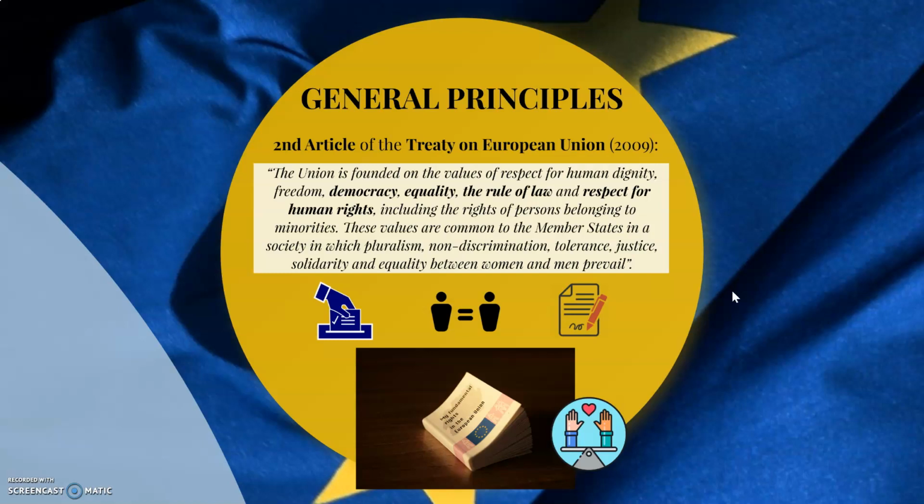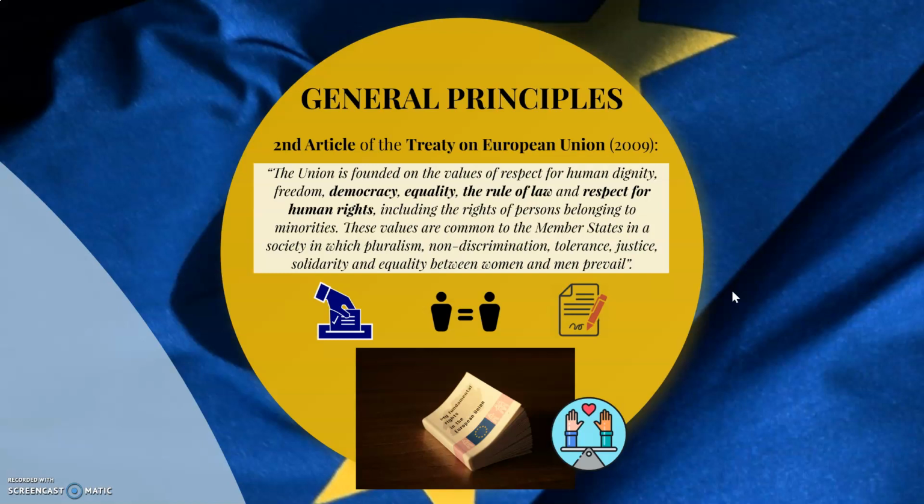These values are common to the member states in a society in which pluralism, non-discrimination, tolerance, justice, solidarity, and equality between women and men prevail." These values are an integral part of the European way of life.